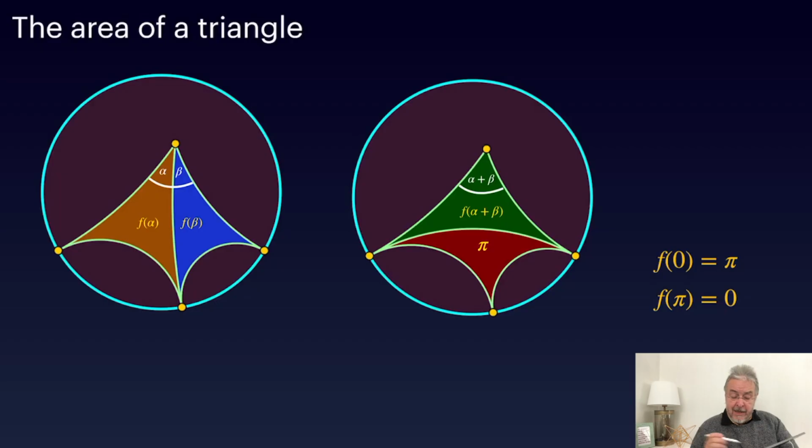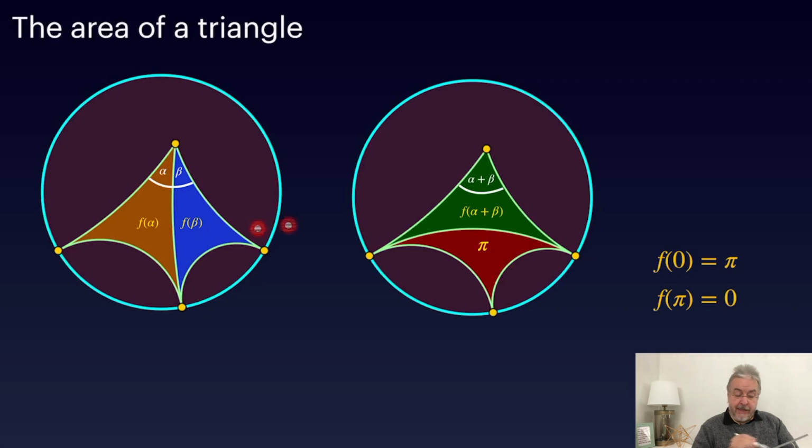And then you see, well, essentially the red area is one of the biggest triangles that we can have. So it has pi, all three vertices are at infinity, and the green area is coming from a triangle with two vertices at infinity, and one of them having the angle alpha plus beta.